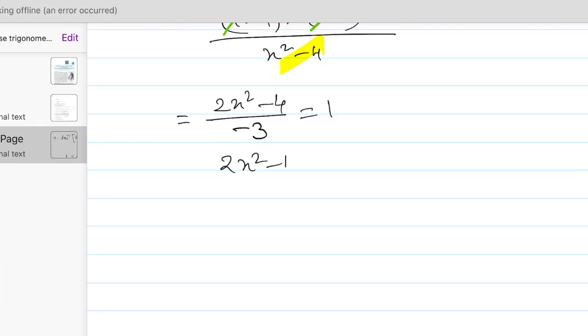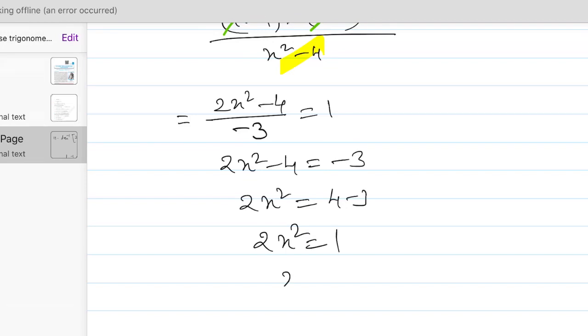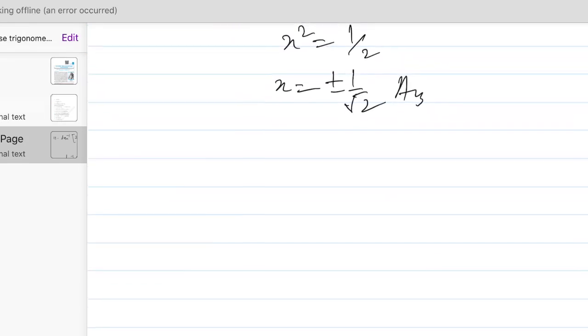It means that 2x square minus 4 is equal to minus 3, 2x square is equal to 4 minus 3, 2x square is equal to 1, x square is 1 by 2, x is equal to plus or minus 1 by root 2 is the answer.